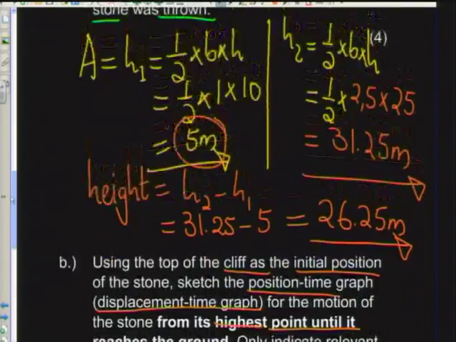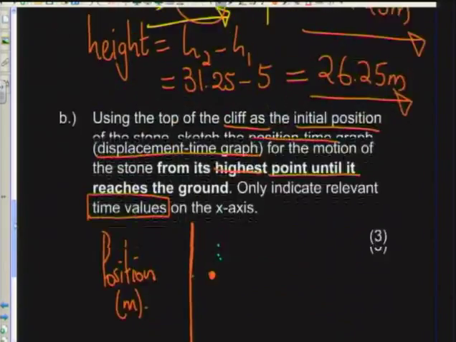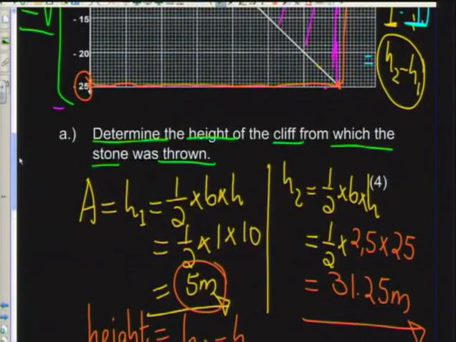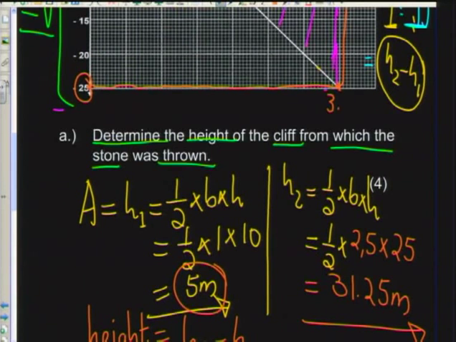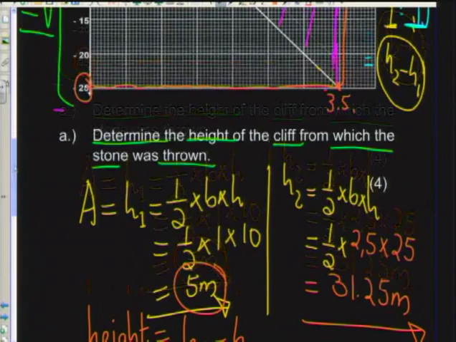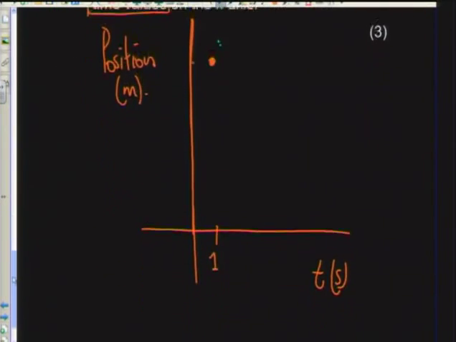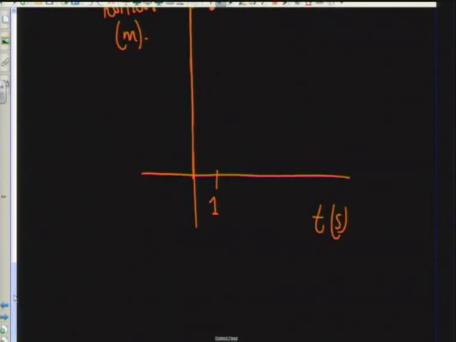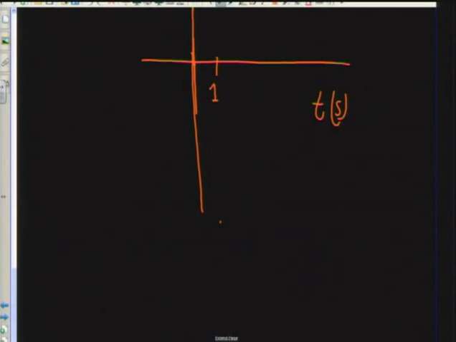What I know is that at the time 3.5 seconds, it was right at the bottom of the cliff. So I'll need to extend my y-axis here, so that I can show 3.5 seconds.